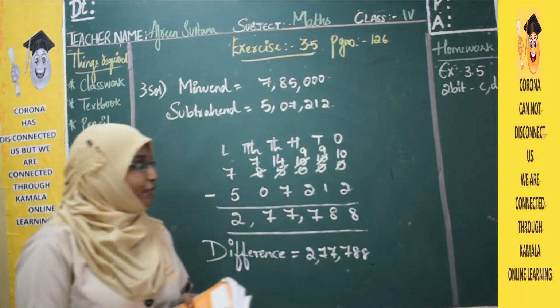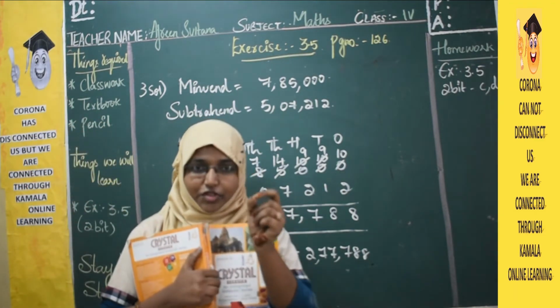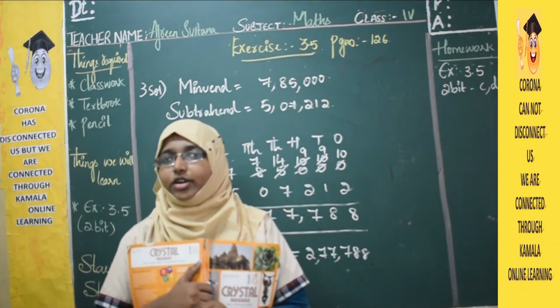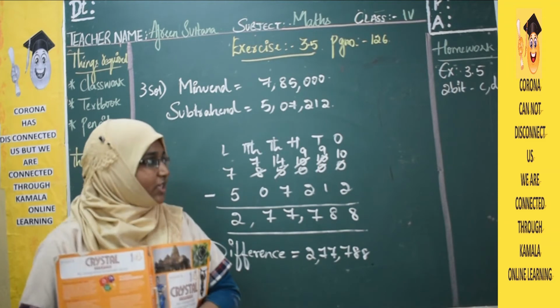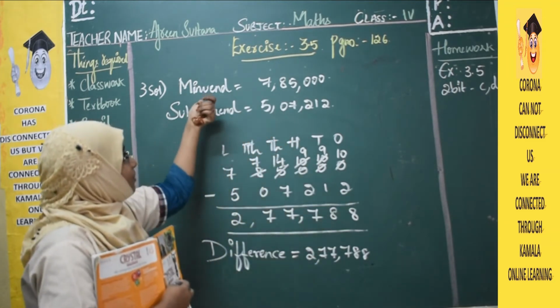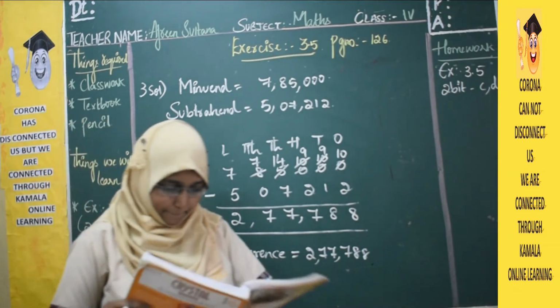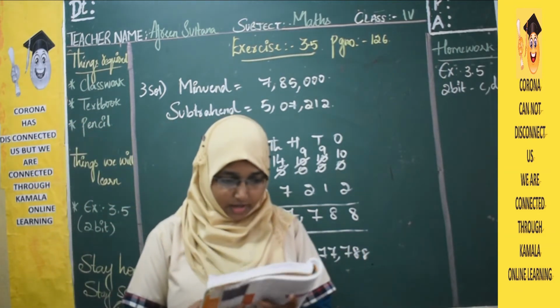So now find the difference. The first number which they have given in words, that is our minuend, and the next number which they have given in words, that is our subtrahend. Okay. Simply you convert the values, take the minuend and subtrahend and find your difference.